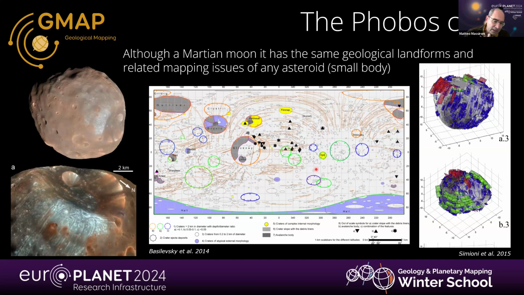You have seen them even on Vesta, for example, these equatorial grooves that Alessandro showed you on the second day. So understanding the relationship between these fractures may help in understanding how they formed, and even in some cases the origin of the body itself.